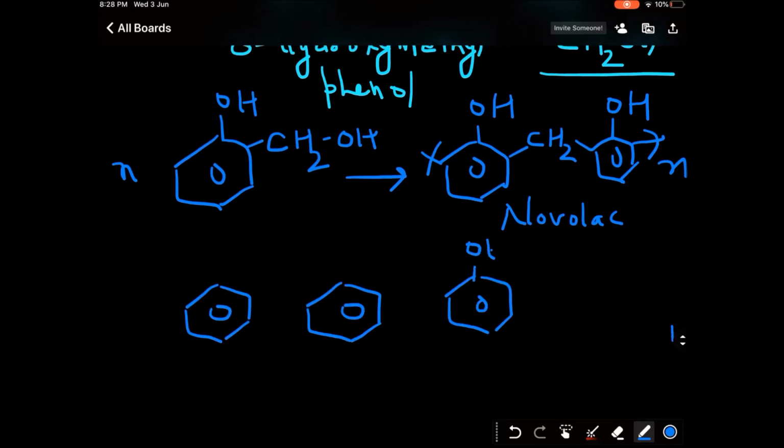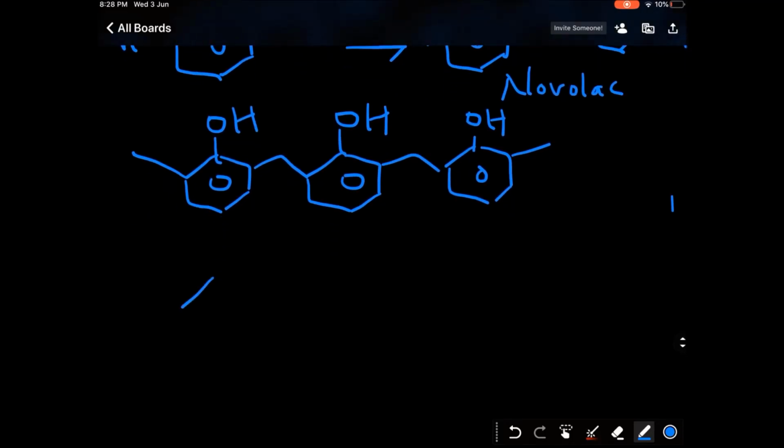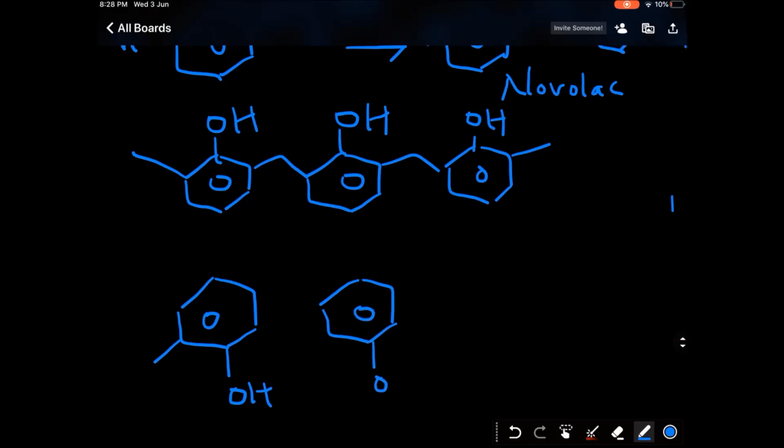Now to draw the structure of Bakelite, we can think of Novolac. Let us say this is the Novolac chain, three phenolic groups connected by CH2 groups, a long polymeric chain, continuous on the other side also. Similarly, we draw another similar chain parallel to it. Now, as discussed, some of the phenolic groups will have CH2OH at para positions, some at ortho, some at both ortho and para, that is at three positions, two ortho and one para.